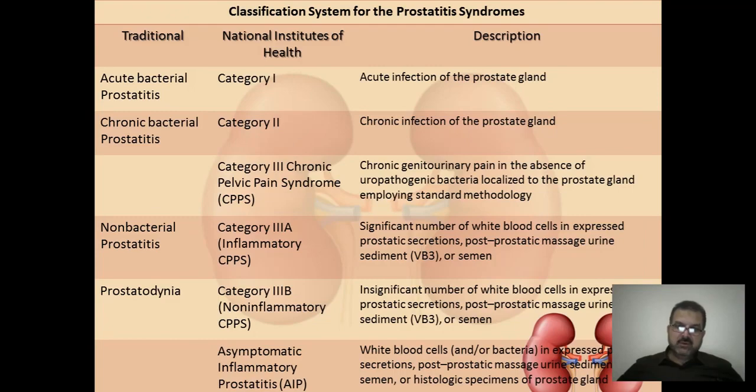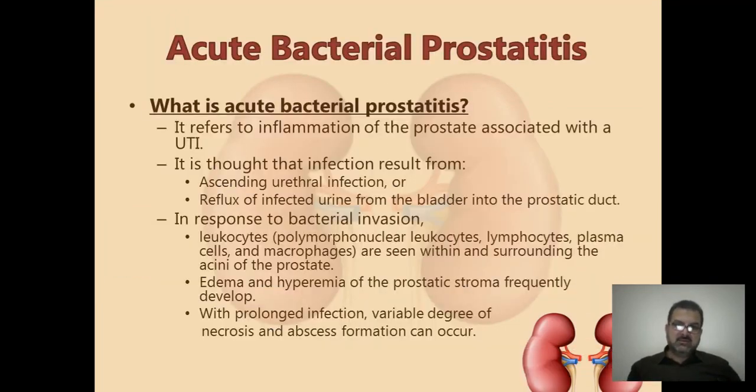It is an inflammatory process, but you will not find a microorganism. These are the three most common types of prostatitis: acute prostatitis, chronic bacterial prostatitis, and chronic abacterial prostatitis, whose other name is chronic pelvic pain syndrome.